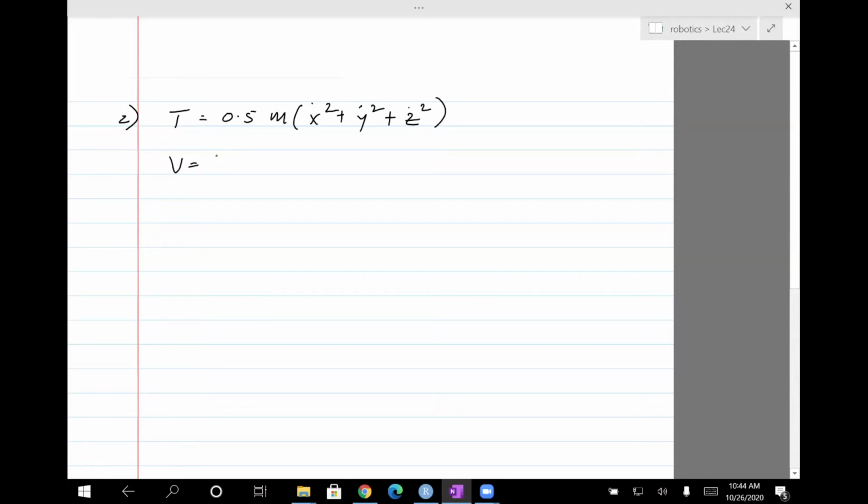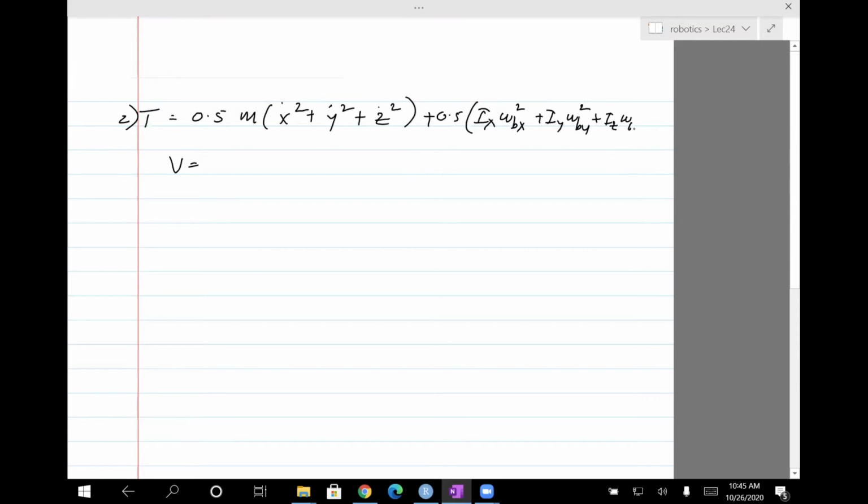And then the potential energy is, well, I'm missing something. So this is not just a point mass, but the body has a rotational energy. So the rotational energy is actually half of Ix omega_bx squared plus Iy omega_by squared plus Iz omega_bz squared.